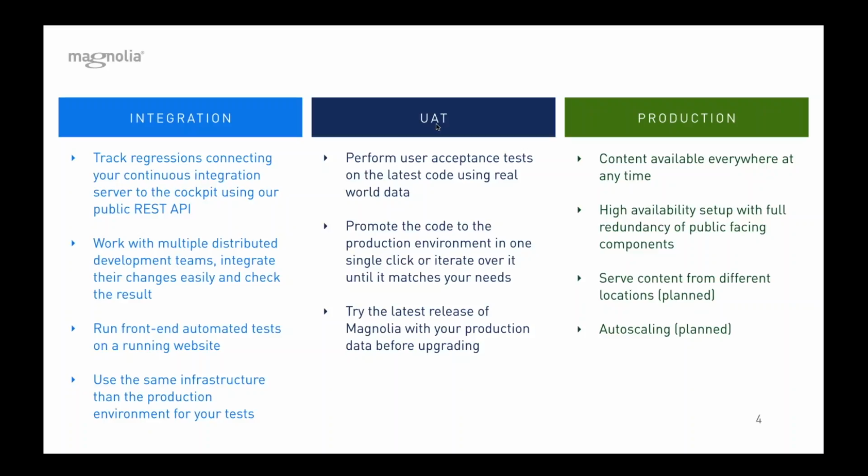Or if you want to make sure that some business logic still works, like this component is displayed based on some rules, and this other component should not be displayed, you need a running website. And the integration environment is the best place for that.